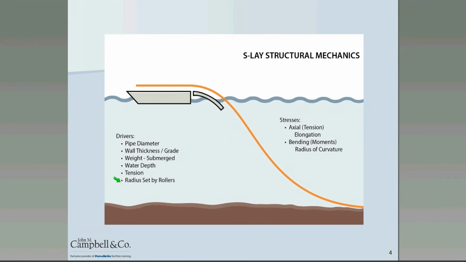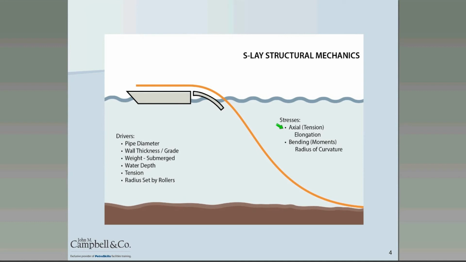Now, on the barge and the stinger, I can also control stresses, or in this case the radius of the pipe, by setting the elevations of pipe support rollers on the barge and on the truss itself. You'll notice on the picture I showed, we pointed out one of the rollers on the truss assembly.